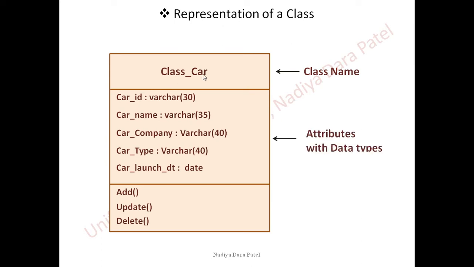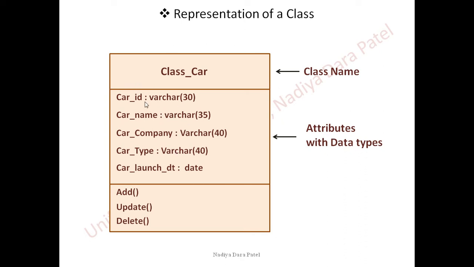The second compartment, the middle section of our rectangle, should have attributes with data types. Now this is very important. If you have n number of attributes, find those attributes which are relevant and important, and which we are going to refer to further when we are building our code.